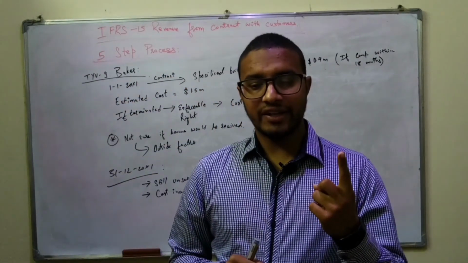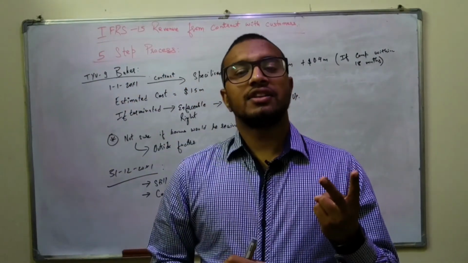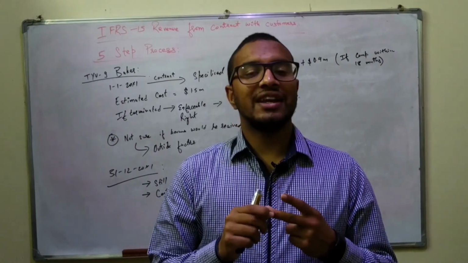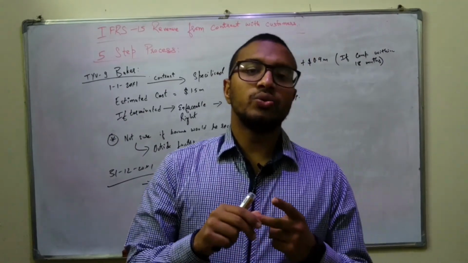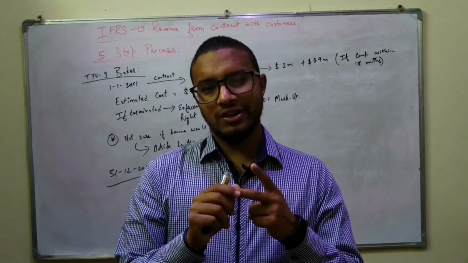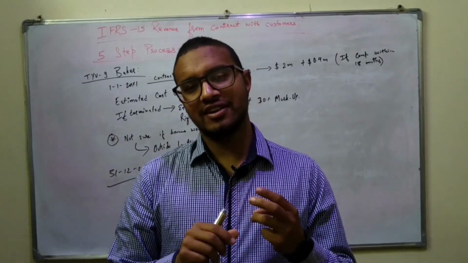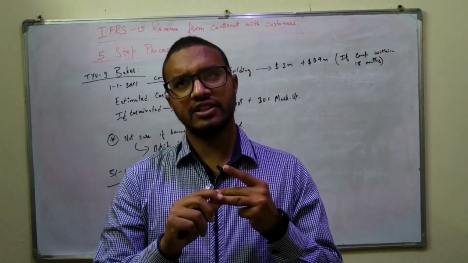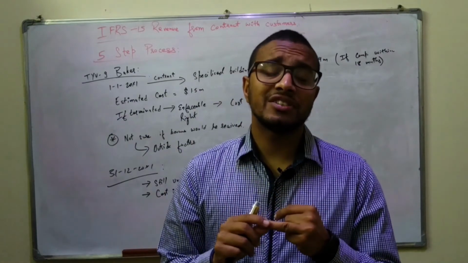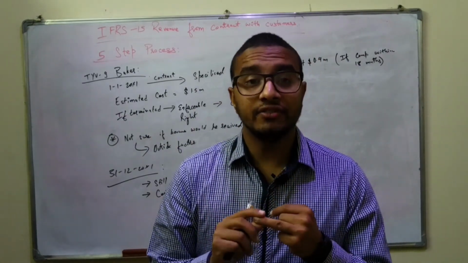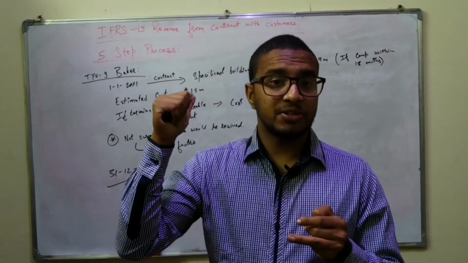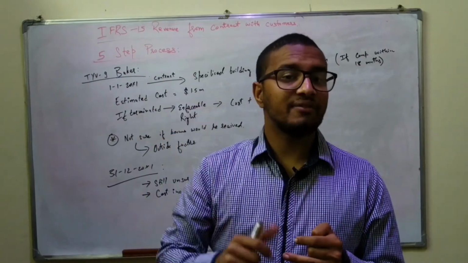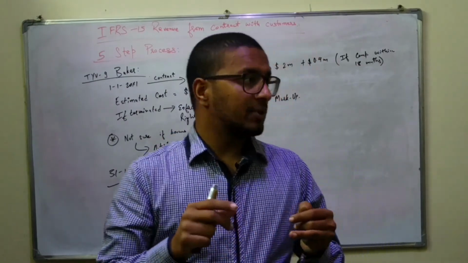The second criterion is that the entity enhances or creates an asset for a customer which they already control. The third criterion is that the entity creates an asset which does not have an alternative use. In this case, it's a specialized factory as well, so it doesn't have an alternative use, right?